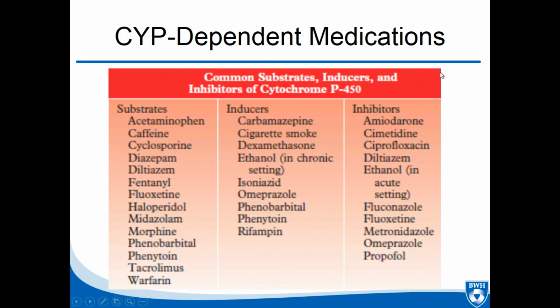So as we look through some common things that will occur, some common substrates: fentanyl, midazolam, morphine, phenobarbital, warfarin. These are all substrates and not necessarily things we think of, but things that could cause drastic changes in, say, warfarin absorption and warfarin action if patients are on rifampin.